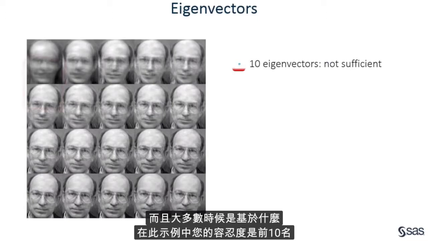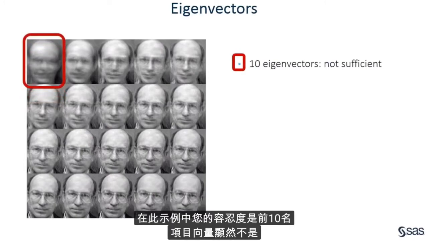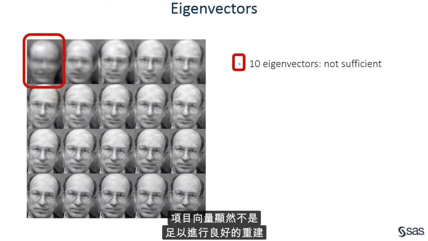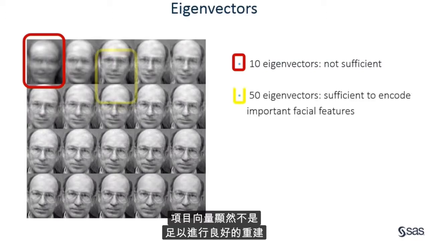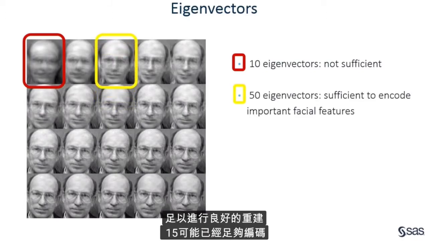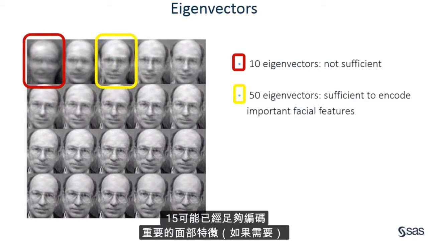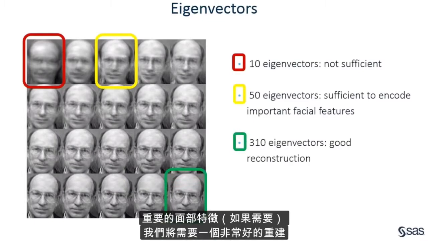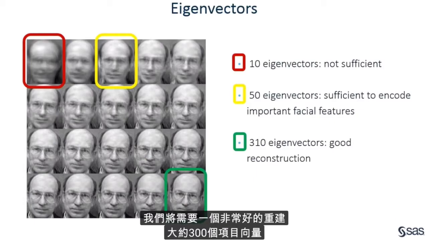In this example, the top 10 eigenvectors are obviously not sufficient for a good reconstruction. The top 50 may already be sufficient to encode important facial features. If we require a very good reconstruction, we will need around 300 eigenvectors.